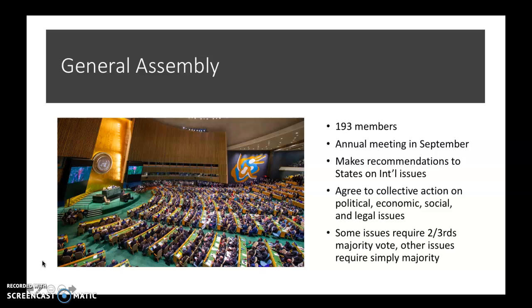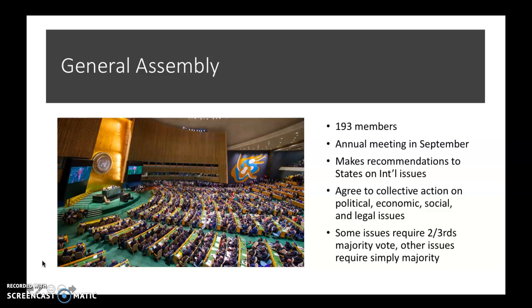Okay, I should mention that there are 193 members of the UN, and specifically 193 voting members of the General Assembly. However, I want to point out that there are some territories that you and I might think of as states, such as Palestine, that are not technically members of the UN.